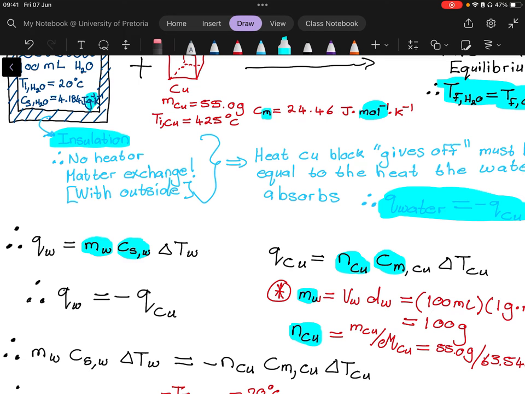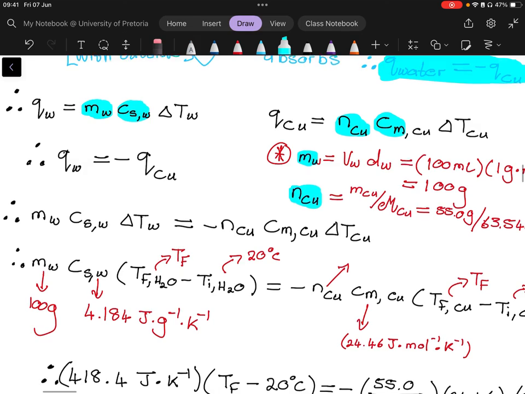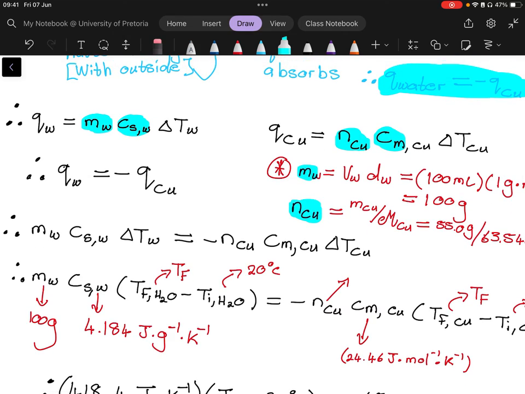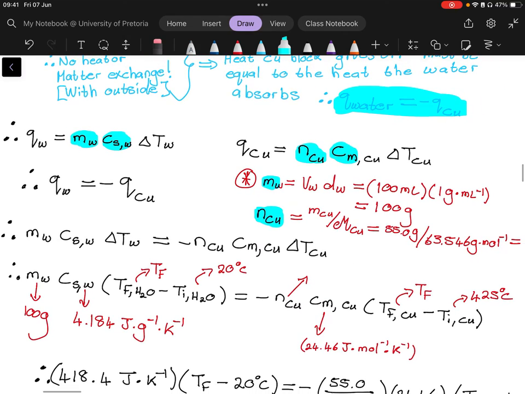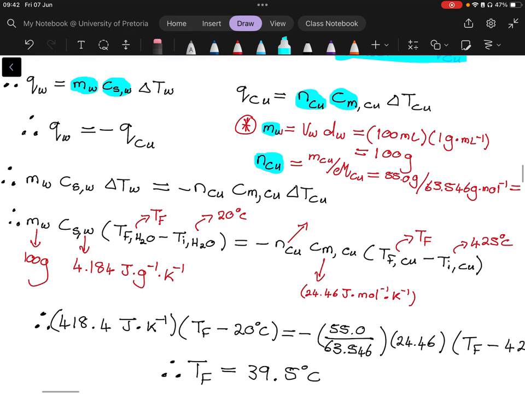You then put those two equations into our relation, the heat of water equals negative the heat of the copper. And you go through the effort of substituting in the values, right? Plug them in, plug them in, plug them in. And eventually you remind yourself that the initial temperatures are different, the individual temperatures Ti of H2O and Ti of copper, but their final temperatures are equal.